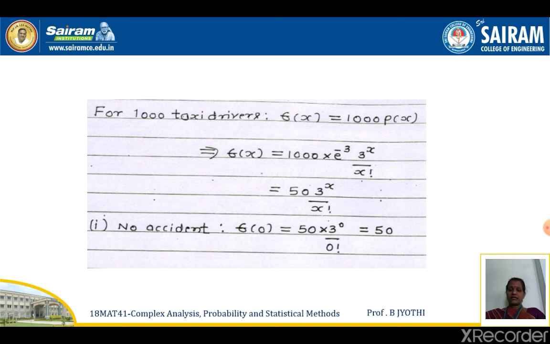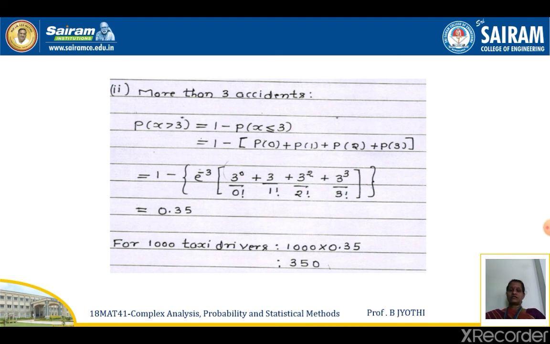Let us take 0 as the value of x in the previous function, that is 50 into 3 power x by x factorial. That gives 50 into 3 power 0 by 0 factorial, which gives us 50. That means out of 1000 taxi drivers, there are only 50 taxi drivers who will be driving very carefully that they will be committing no accidents at all.